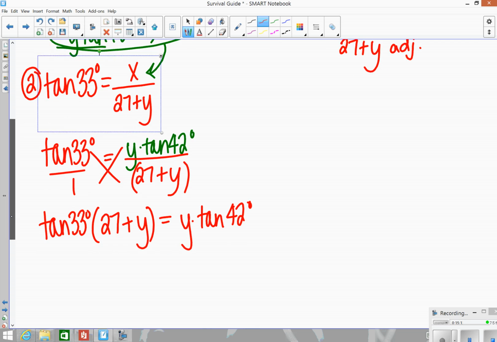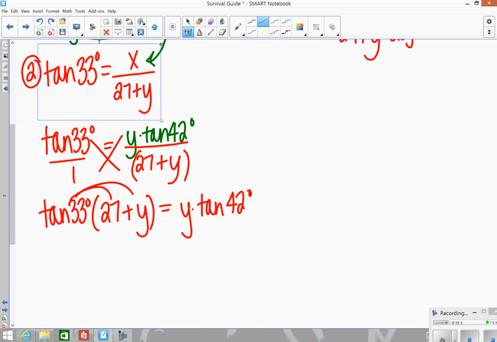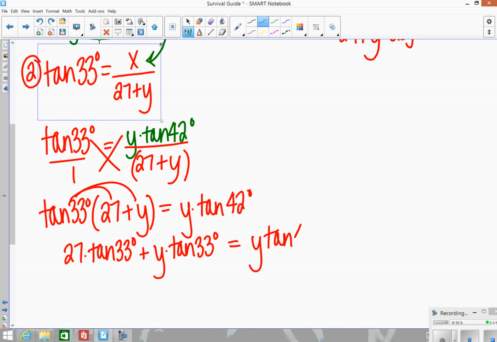So now we're going to distribute this tan of 33, because remember, tan of 33 is just a number. So I'm going to keep this as 27 times tan of 33. I'm not going to put it in the calculator because I don't want to have to write the whole decimal. Plus y times tan of 33, when you distribute, equals y times tan of 42.